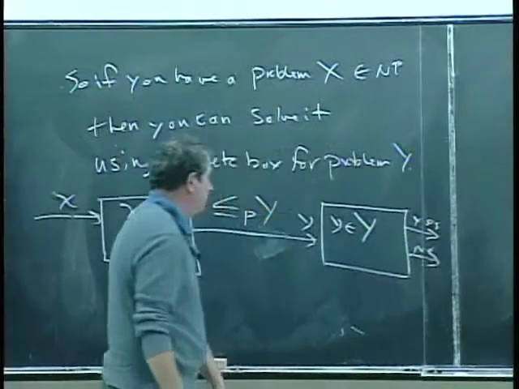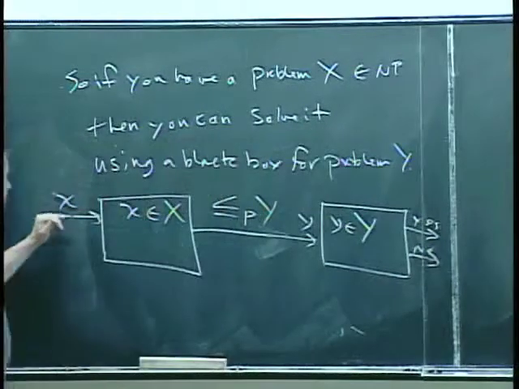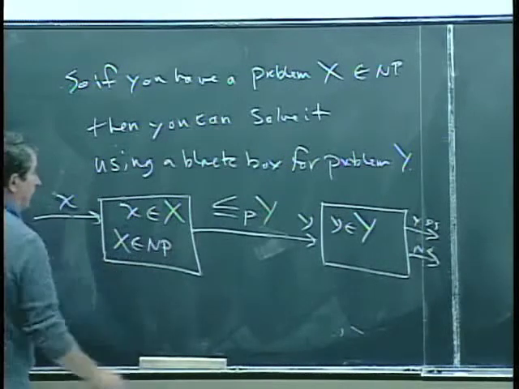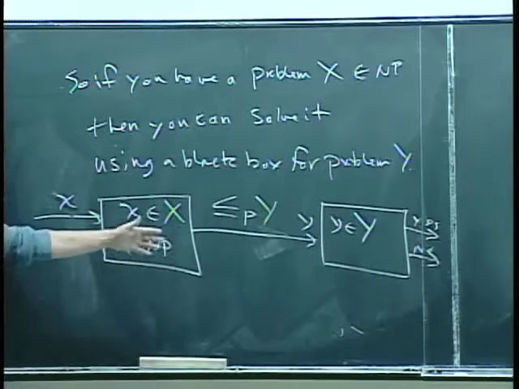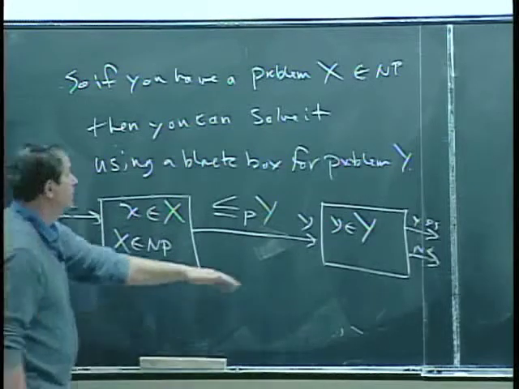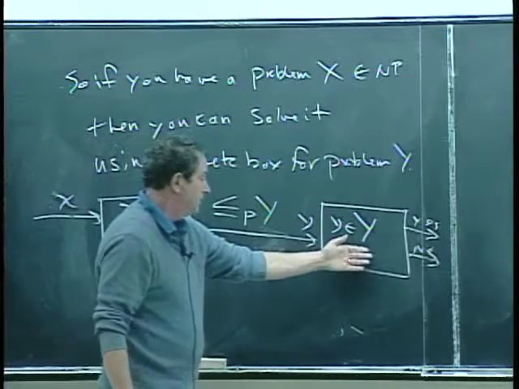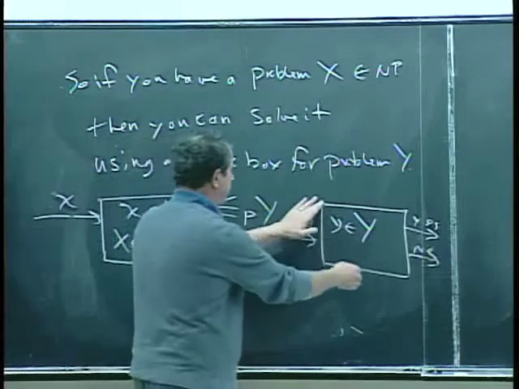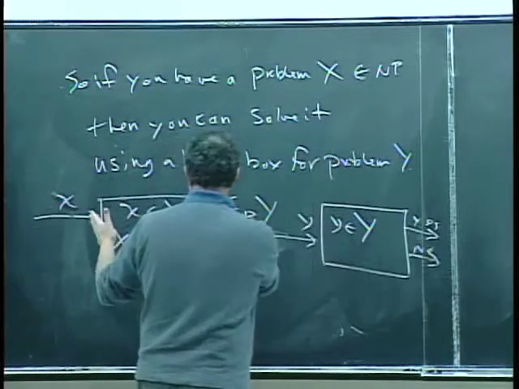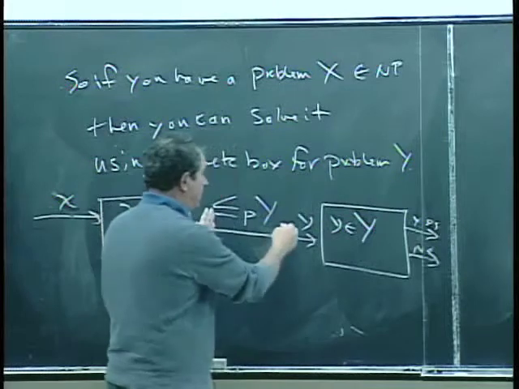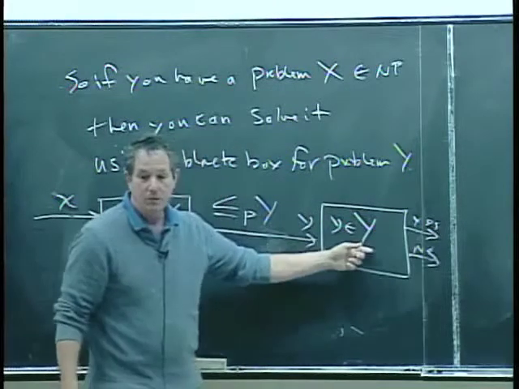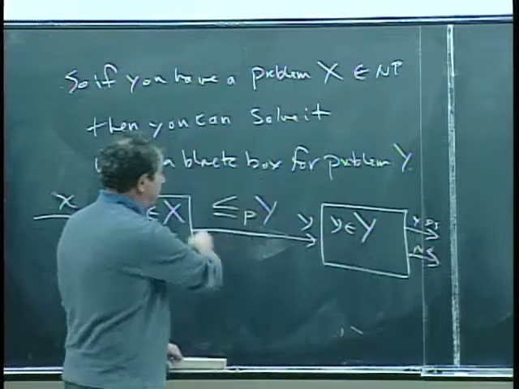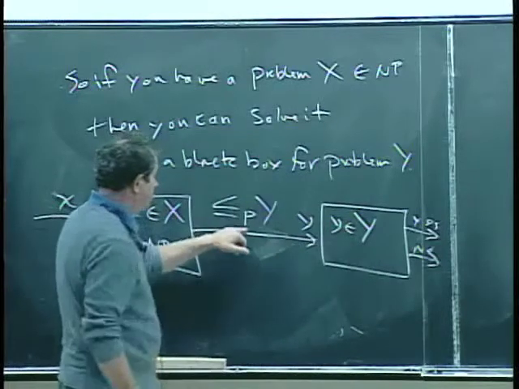Okay? So for any problem in NP, this is possible. So this problem Y, as I said earlier, is very expressive. Any other problem in NP can be re-expressed as a problem in Y. And that re-expression only takes polynomial time.